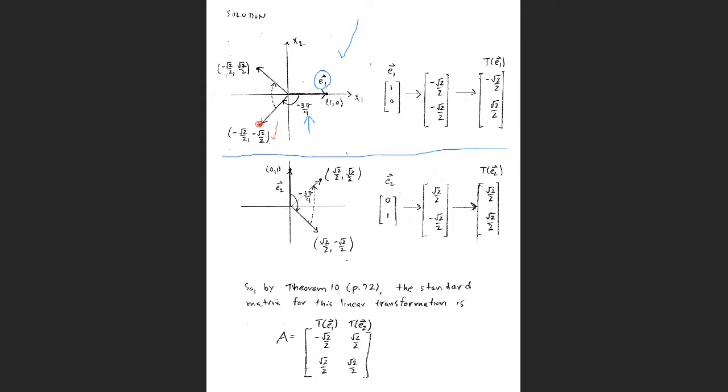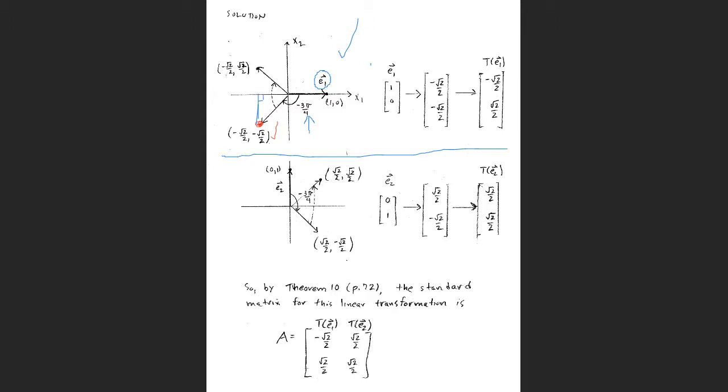And remember, this is a unit vector. If you think in terms of your trigonometry, if you make a right triangle here, how did I get negative root 2 over 2, negative root 2 over 2?